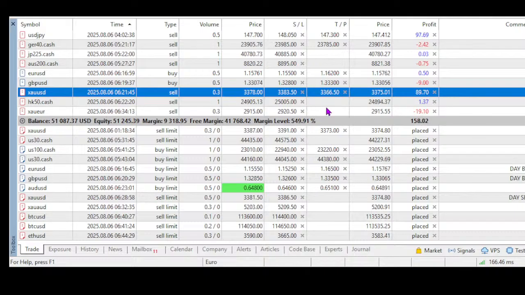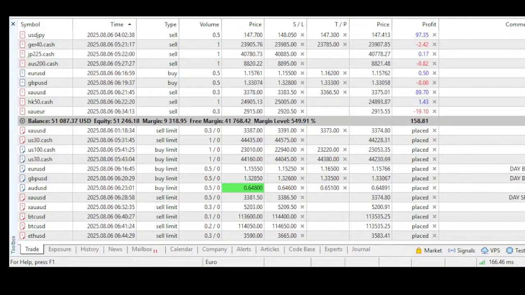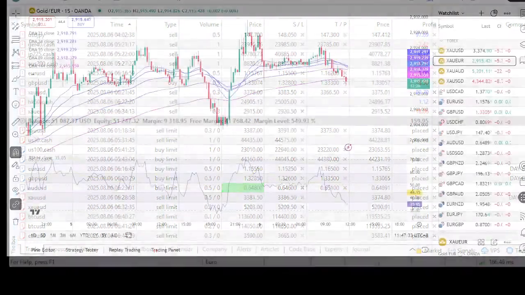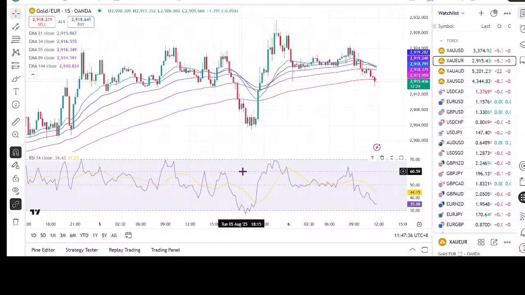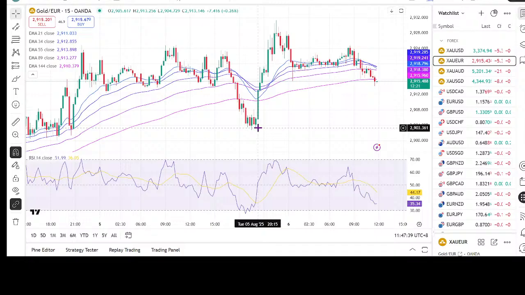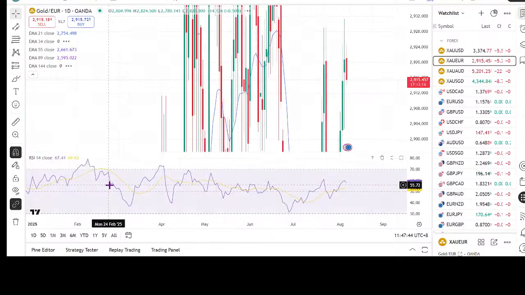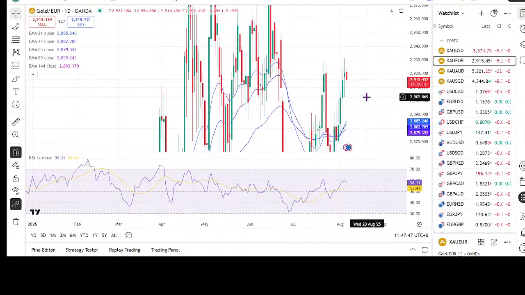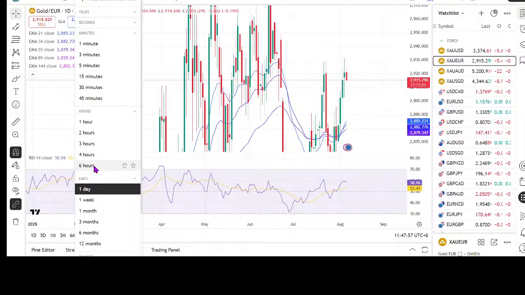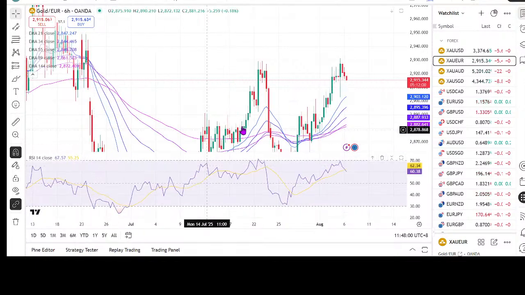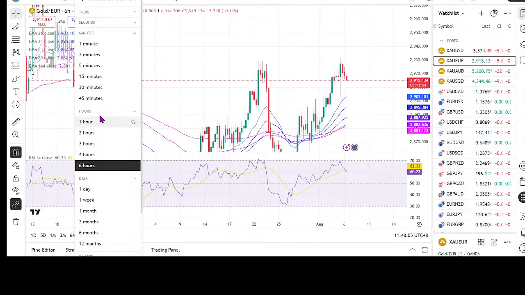Then we are seeing the euro, okay, gold euro. We need to see the gold euro. 2908 or 2905, that should be your target.